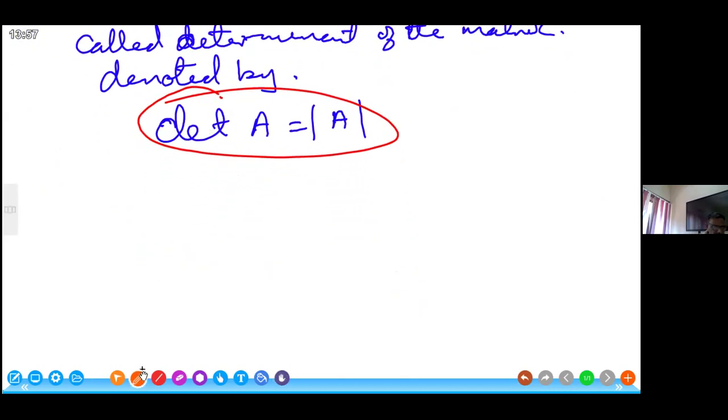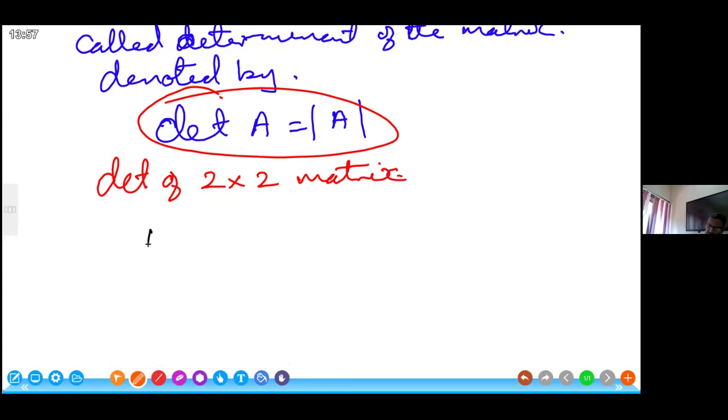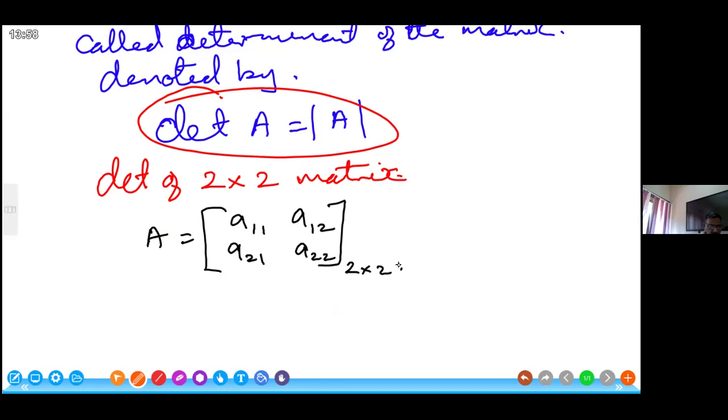Suppose, let's say, the determinant of a 2 into 2 matrix. A square matrix A11, A12, A21, A22. It's a 2 into 2 matrix, as I said.